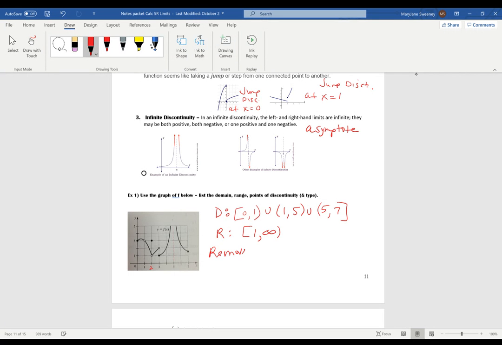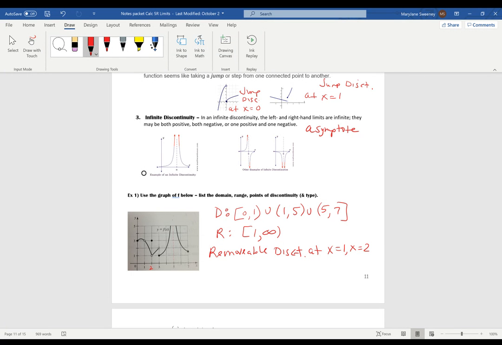Now we have removable discontinuity at, let's see, where do we have holes in the graph? x equals 1, x equals 2, right? So if we plugged those holes, it would be continuous.